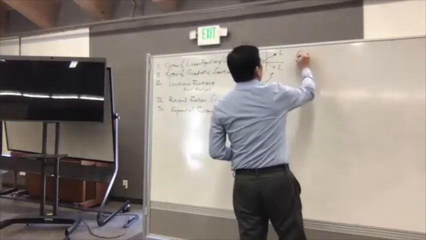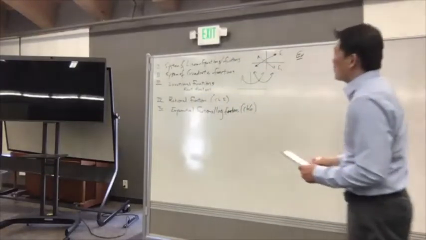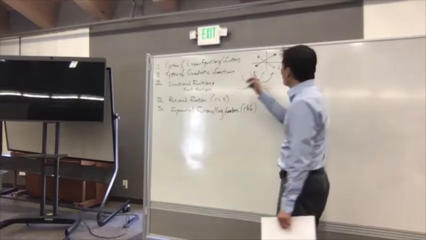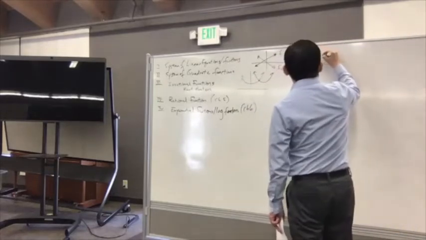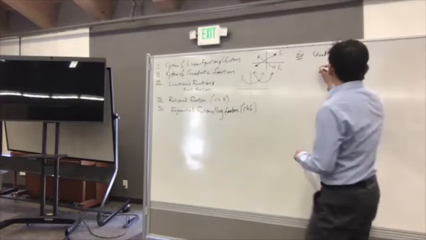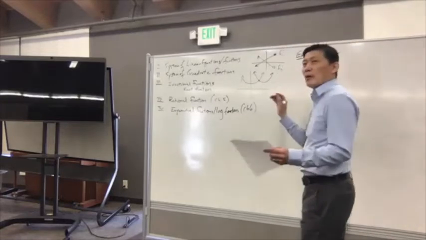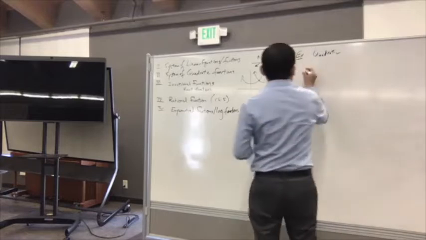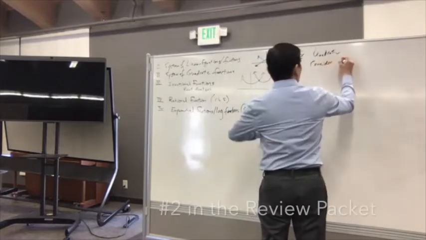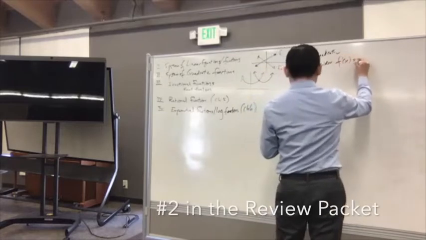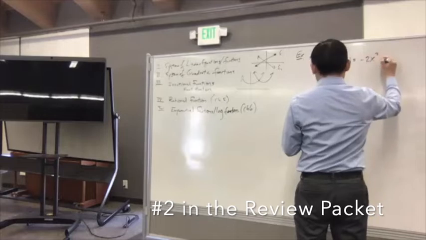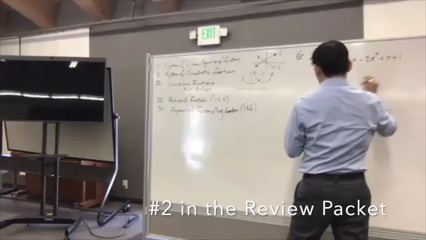Let's take an example right here. I'm going to jump right into number 2, quadratic. Consider what a problem will look like on the test. I'll shorthand it quite a bit, but on the test it will be more detailed. Negative 2x squared plus x plus 1.